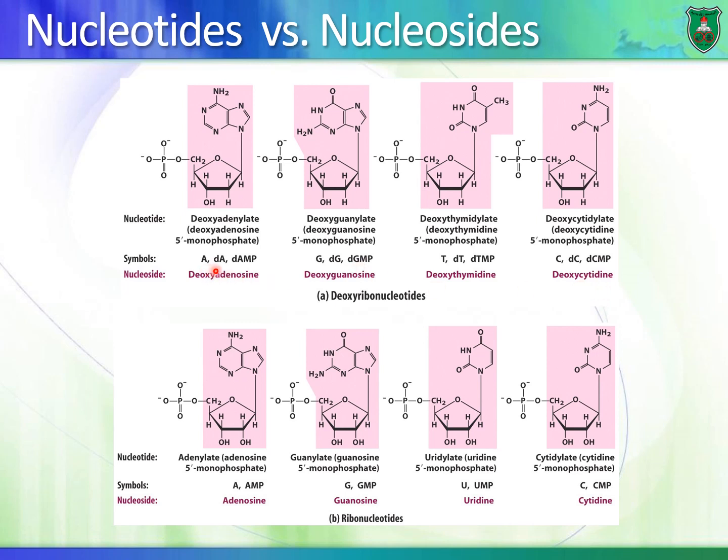D stands for deoxy, so dA, deoxyadenylate, and so on. dAMP, dGMP, dTMP, dCMP. Of course, if you have two phosphates, for example in here, it becomes dADP. If it contains three phosphates, it becomes dATP. Same thing here, ATP and ADP and so on.